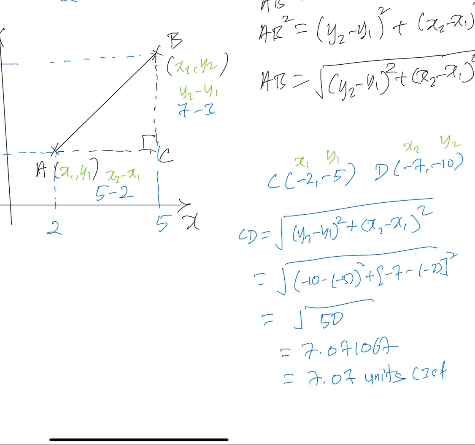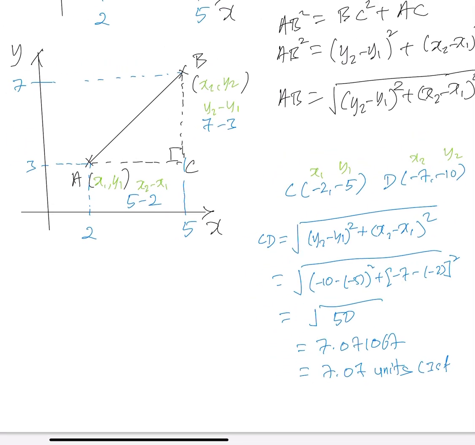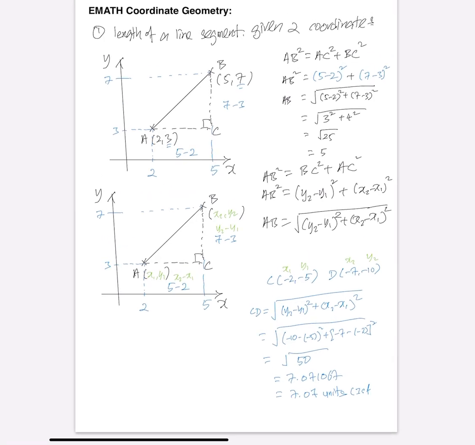So this is how we use the formula for the distance between two points. Given two coordinates, you are able to find the distance.